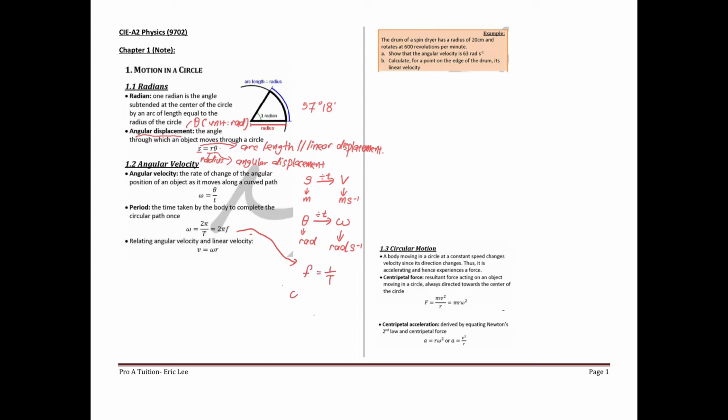So when you have omega equal to 2 pi over T, and you factorize the 2 pi, you get 2 pi multiplied with 1 over T, and hence the 1 over T is replaced by frequency. So that's how we get the second formula.